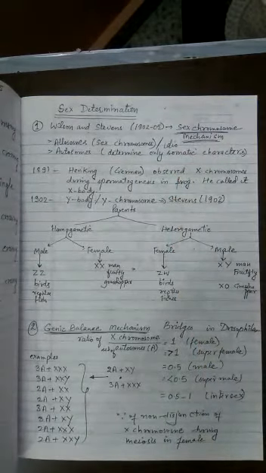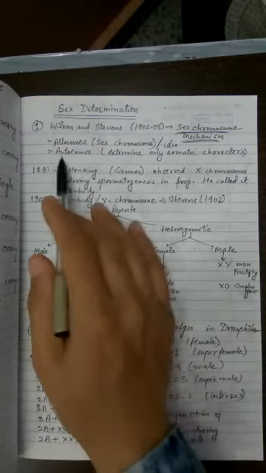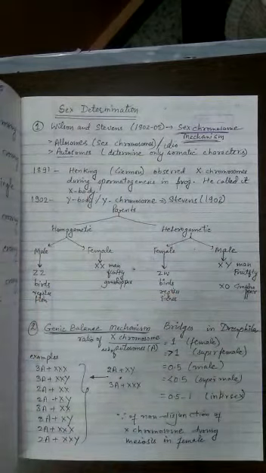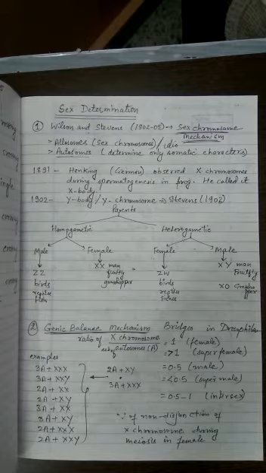What is allosome? Allo means different, soma means body. So it is a chromosome which is different from all other chromosomes, because all other chromosomes are called autosomes. Autosomes are those chromosomes which control the other characters but not sex determination.